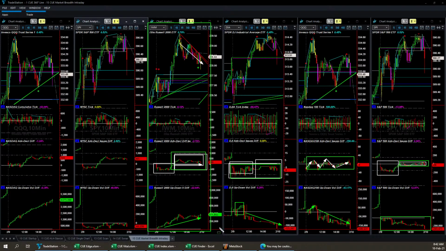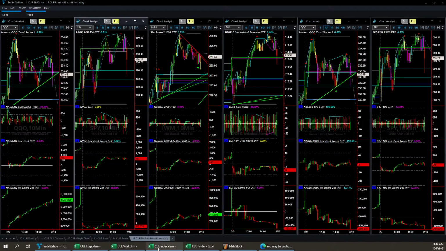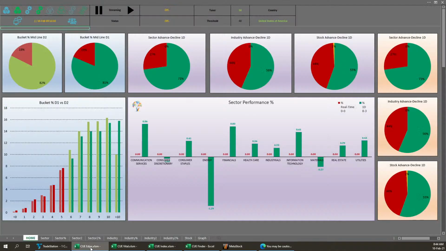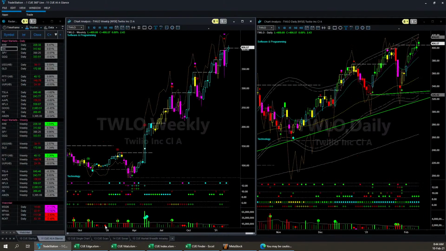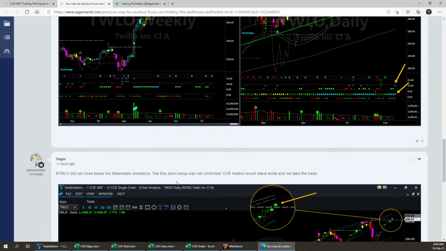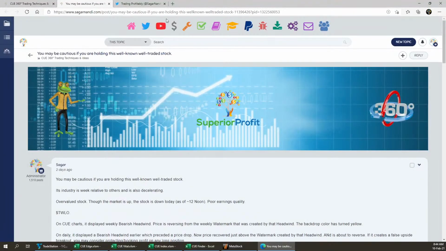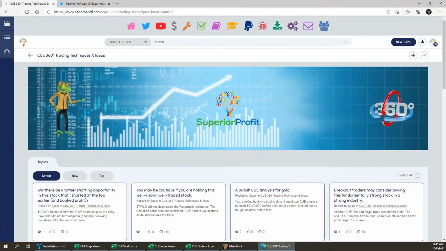Only if all the instruments were weak yesterday, or let's say today if all the market breadth intraday studies using Q Elite, this plot, they are weak, including the composites, and we see Q edge is showing weakness, then I may sometimes act on a trade that I am anticipating, be it Twilio or be it CrowdStrike. Let's look at CrowdStrike. That was another shorting idea that I shared, but that didn't confirm.